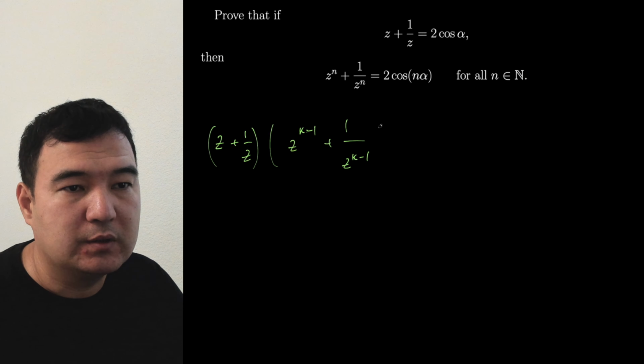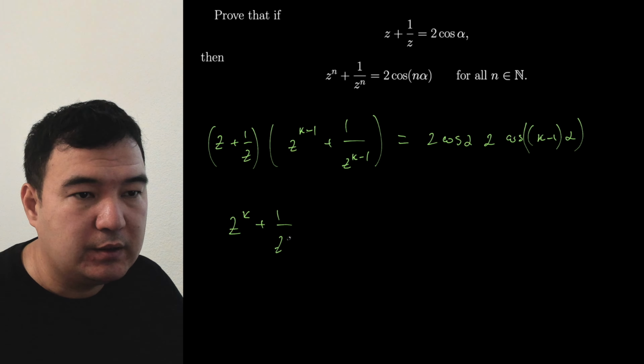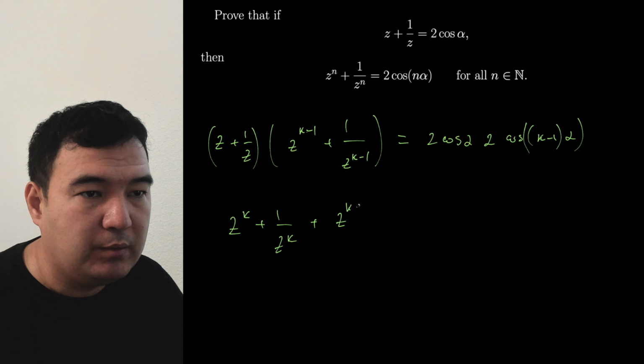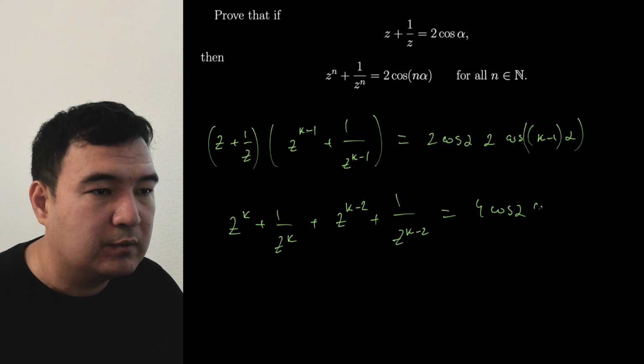And then if you open the parentheses, you get z^k plus 1 over z^k plus z^(k-2) plus 1 over z^(k-2), and this is 4 cosine alpha cosine (k minus 1) alpha. So we have the expression for this one.